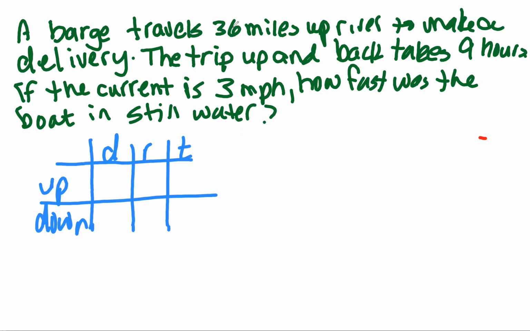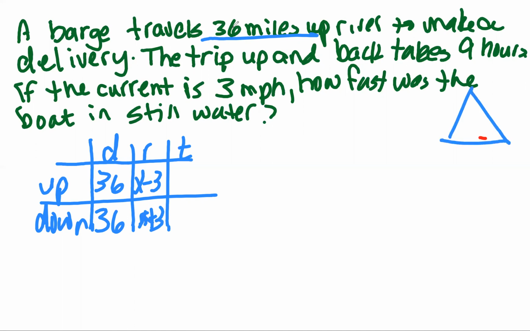So what do I know? I know it's 36 miles upstream and 36 miles back. I know that the speed of the boat upstream is the boat minus 3, and downstream is going to be the boat plus 3. Now, thinking about the chart that you did in biology, if I'm looking for time, time is distance divided by rate.